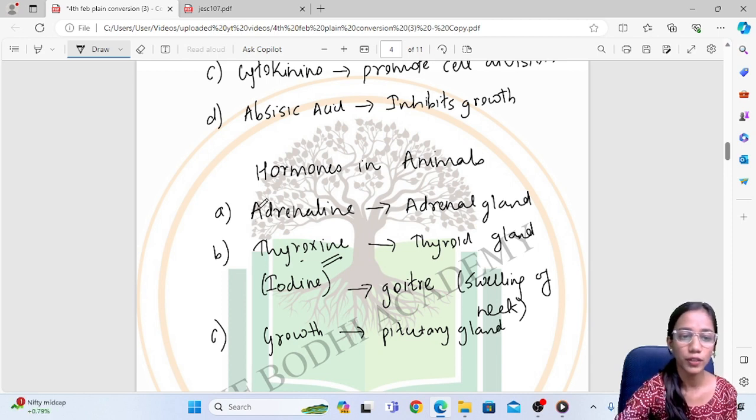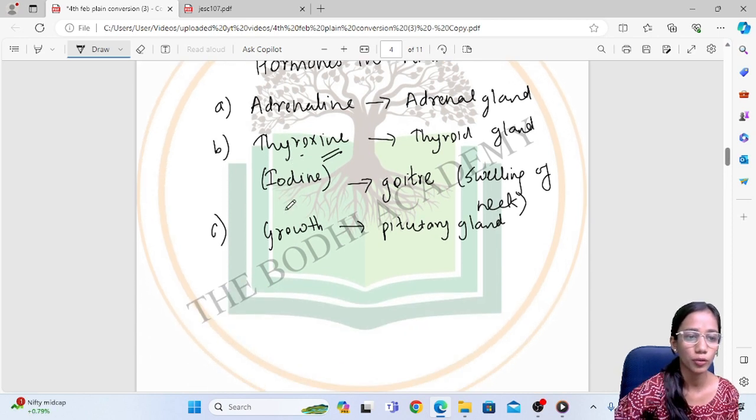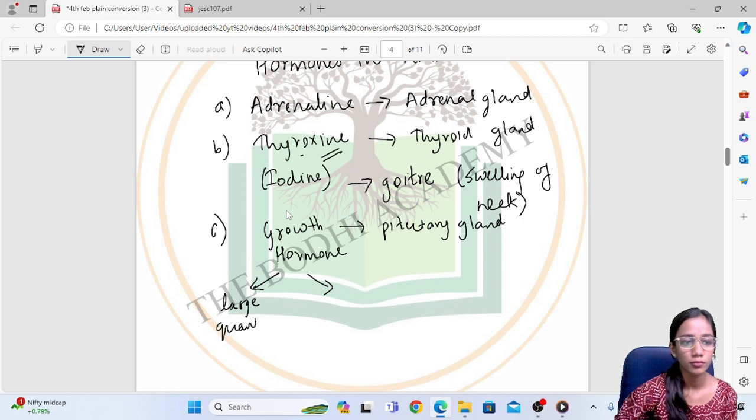If this hormone is produced in large quantities, it causes gigantism, meaning the height will be abnormally large.